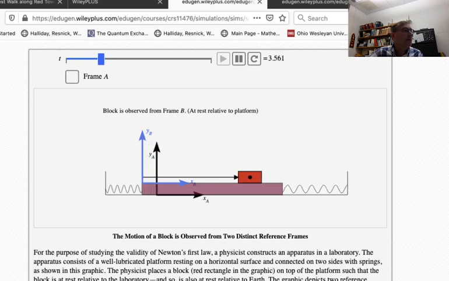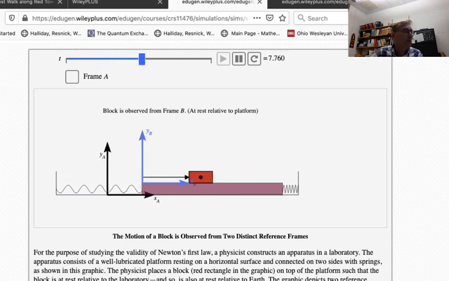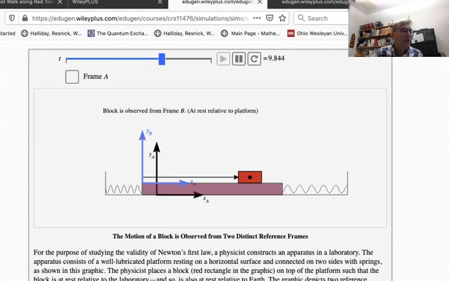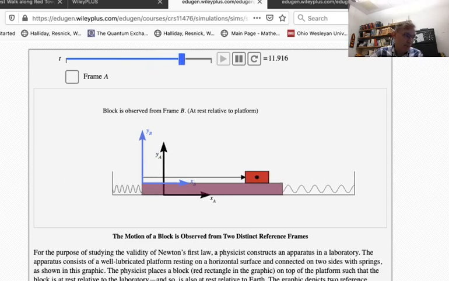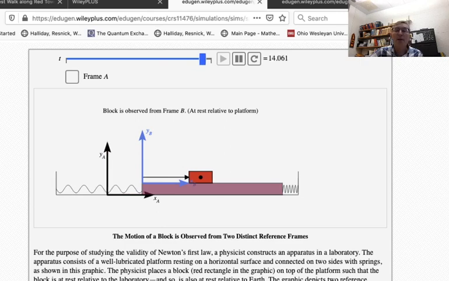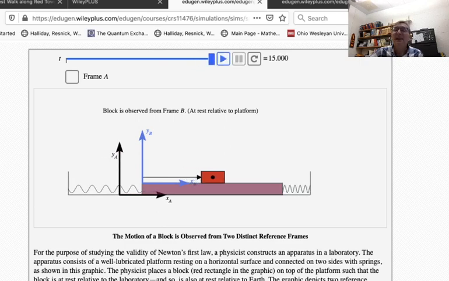Its x-coordinate, look at that black arrow. That black arrow is getting longer and shorter, and longer and shorter. The x position of the red block is oscillating, which means it has a velocity. And in fact, its velocity is always changing. So as observed in frame B, the red block is accelerating.